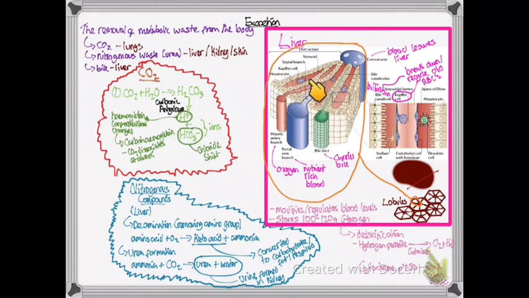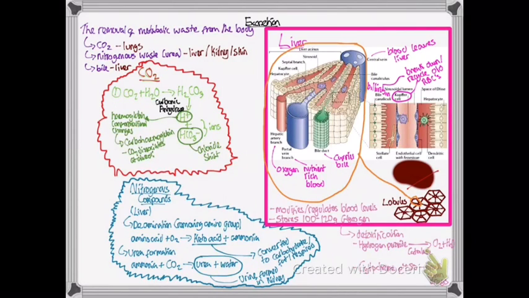Around our sinusoid, we've got these cells, and these are our hepatocyte cells. Hepatocytes appear to be relatively unspecialized. They have a simple cuboidal shape with many microvilli on their surface. However, their many metabolic functions include protein synthesis, transformation and storage of carbohydrates, synthesis of cholesterol and bile salts, detoxification, and many other processes.